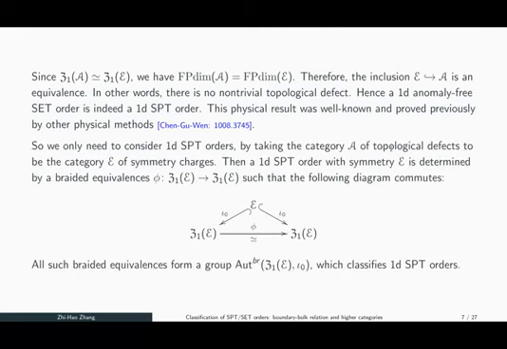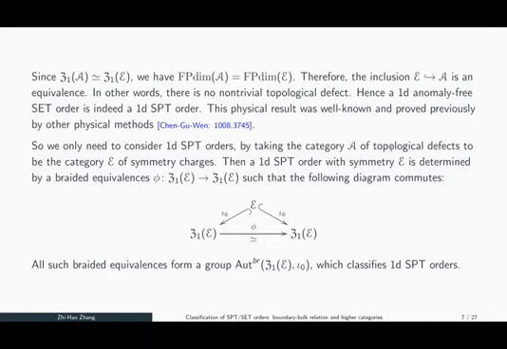So we only need to consider 1D SPT orders and just take the category A to be the category E of symmetry charges. Then the 1D SPT orders with symmetry E are determined by the Brauer equivalence phi on the trivial center of E. And the following diagram must commute.